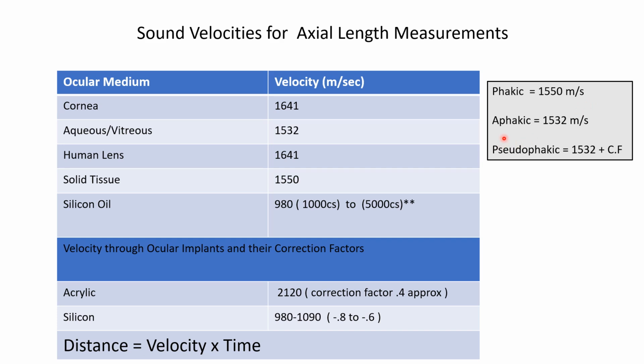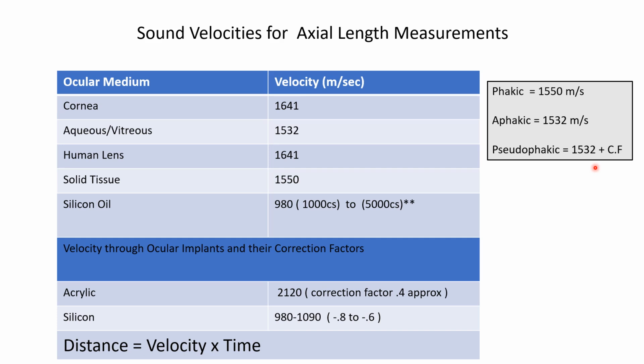When you remove the crystalline lens, that is, in the aphakic state, the average sound velocity is 1532 meters per second. The pseudophakic sound velocity is 1532 meters per second plus the correction factor of the lens.